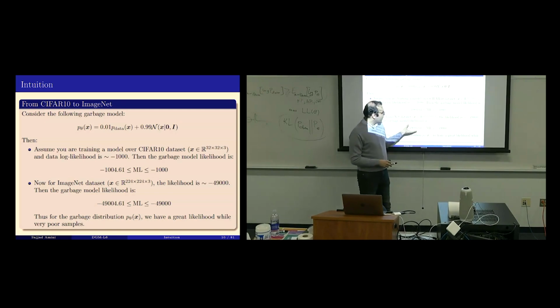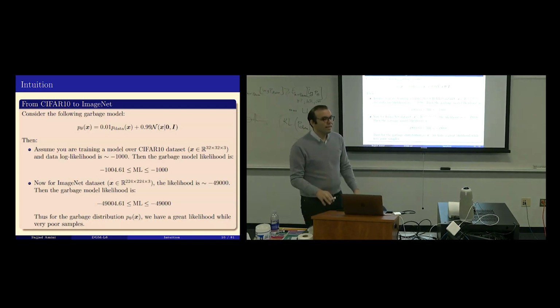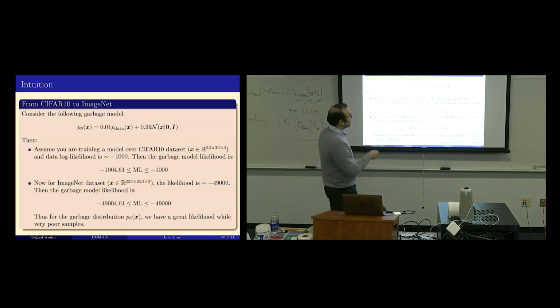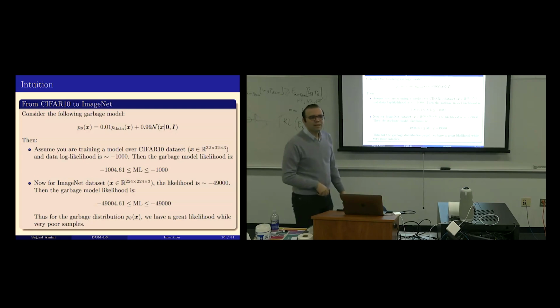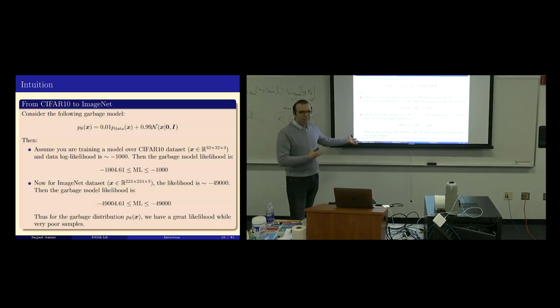And the worst of your garbage model is this number. So you cannot discriminate how the model is great or not in terms of likelihood. Why? Because this garbage model generates one great sample in 100 samples.